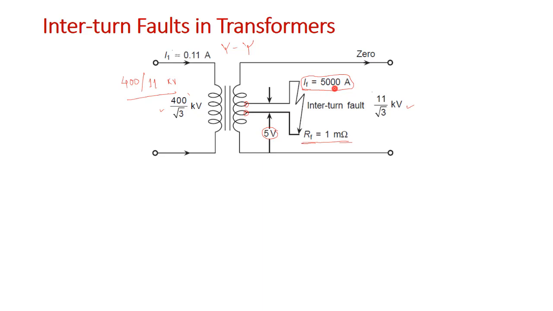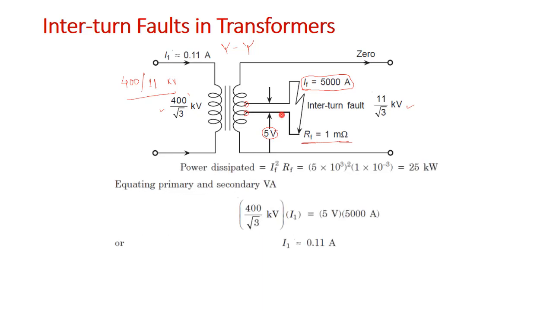Because of this, heat will be produced because of the I square R loss, and that heat causes a local hotspot. Let us see how it produces the heat. If we calculate the power dissipation in the faulty turns in the winding, it will be IF square RF, and your IF is 5000 ampere.